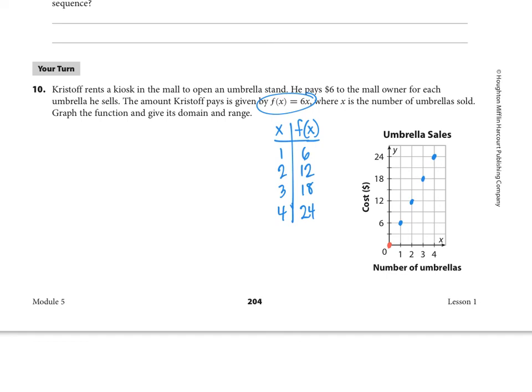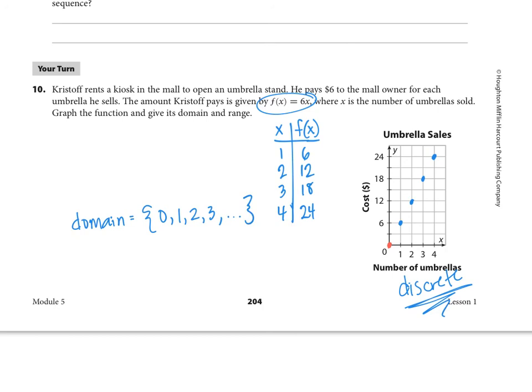So we're not going to be connecting that line. That means if we don't connect it, we're really saying it is a discrete function. And if it's discrete, we're only worried about those whole numbers, the ones that we're graphing. So our domain is our x values, starts with 0 and then 1 and then 2. And then we want to think about how far can he go? How many umbrellas could he sell?